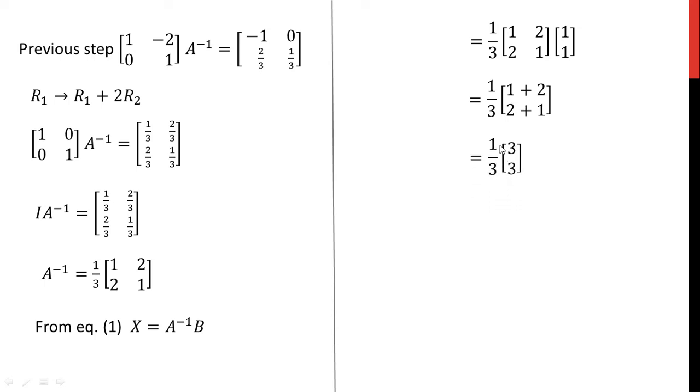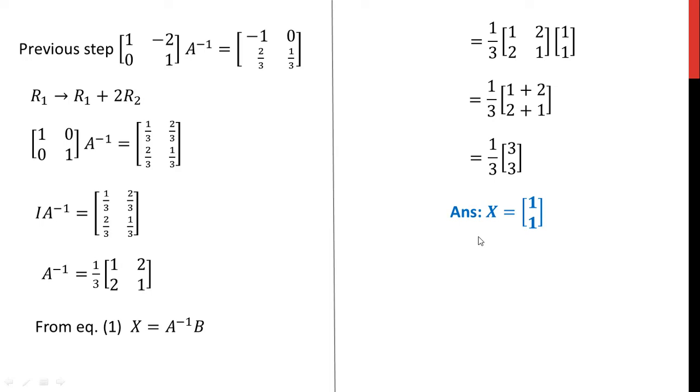After this we get 1 by 3 as it is into 3 3. Now this is a scalar multiple, so if you multiply it with every element of the matrix, then what will you get? Answer: x is equal to the matrix of order 2 by 1 whose elements are 1 1.